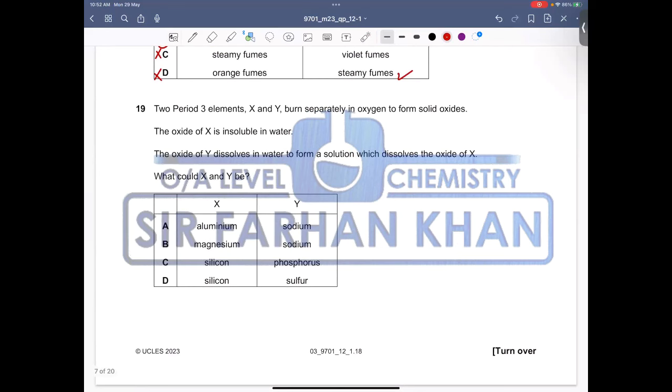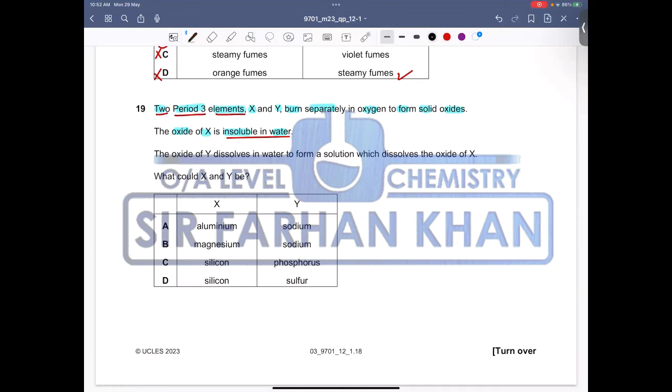Oh my goodness. All right. Two period 3 elements, X and Y, burn separately in oxygen to form solid oxides. The oxide of X is insoluble in water. Some of the oxides are insoluble. Regarding period 3, two oxides are insoluble in water.